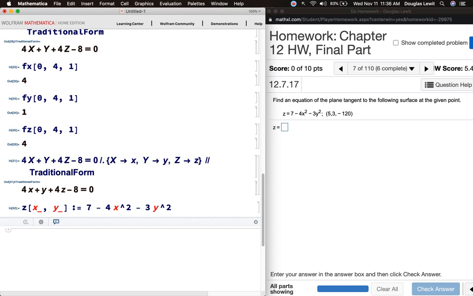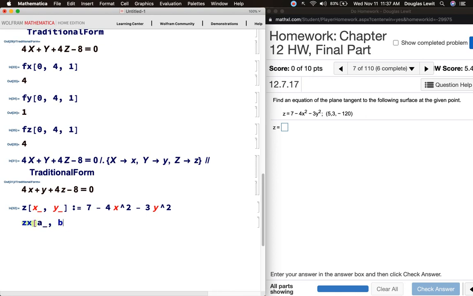So here, guys, the partial derivative of z with respect to x. Well, there are different ways I could do this. You know what?